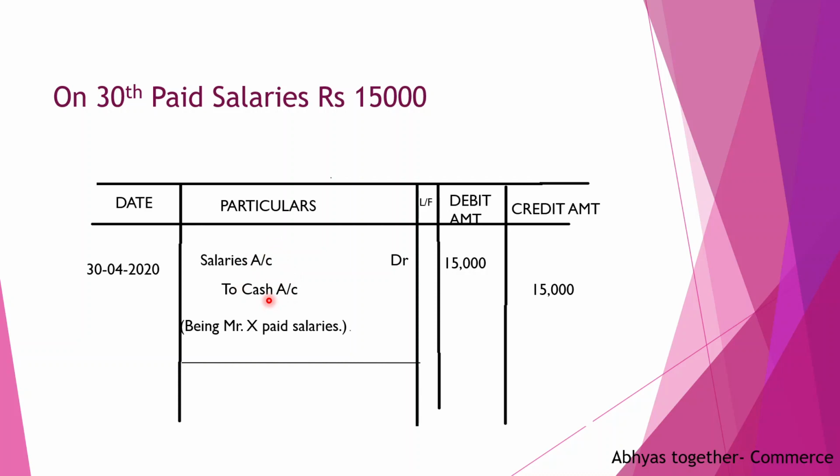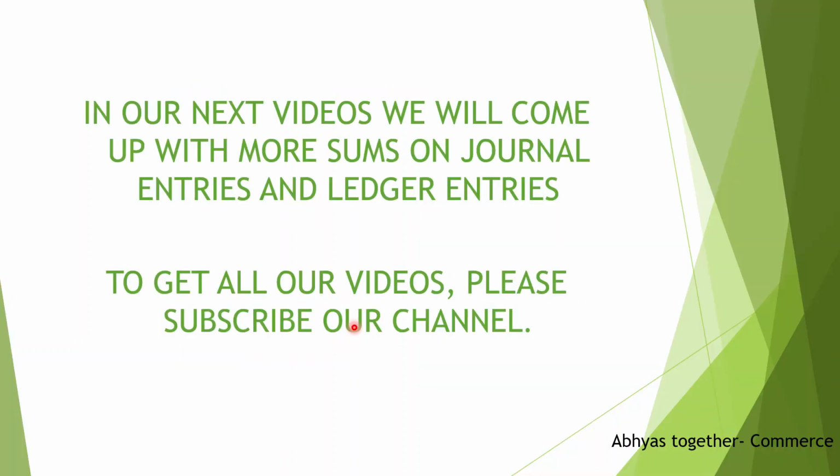Credit all, it's a real nature. Credit what all goes outside. So on 30th April 2020, salaries account debit to cash account, 15,000 on the debit side as well as on the credit side, being Mr. X paid salaries.